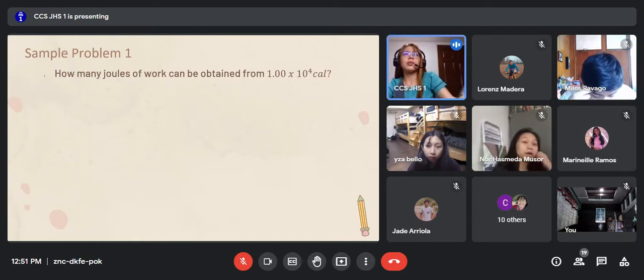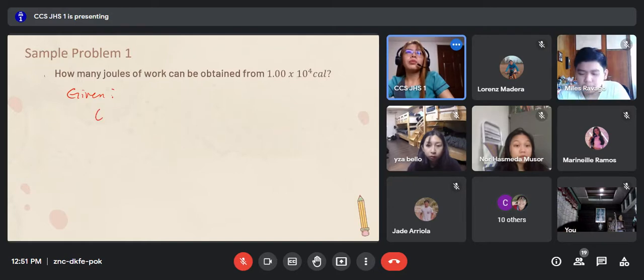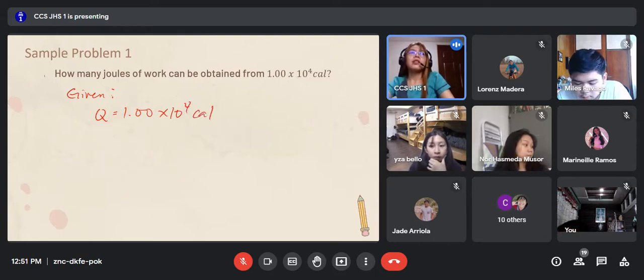So this is an easy problem. You just convert calories to joule using the mechanical equivalent of heat. The given here is only Q, that's heat: 1.00 or 1 times 10 to the power of 4 calorie. And then the required is the work done.